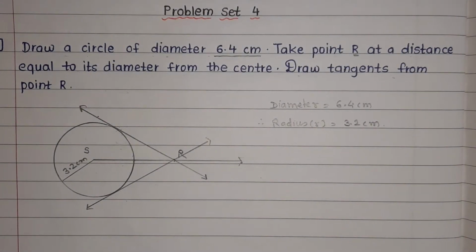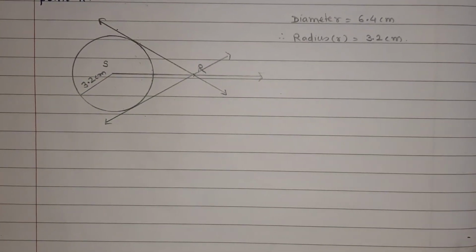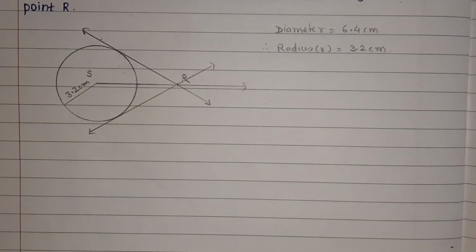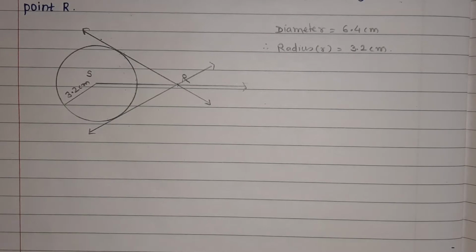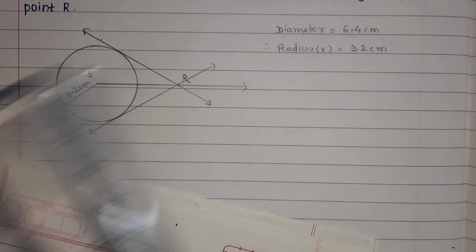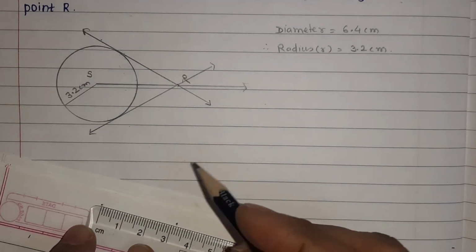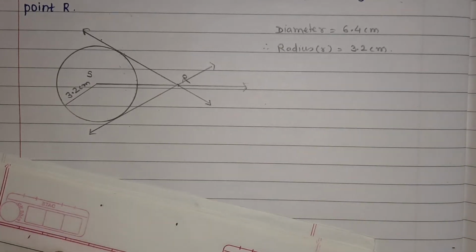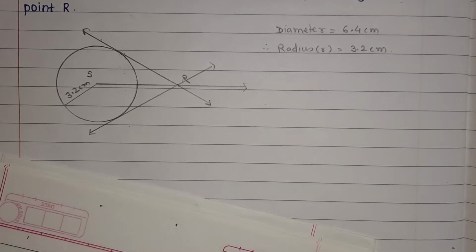Now see, dear student, first of all, radius is not given. We find out the radius and the radius is 3.2 centimeter. Therefore, first of all, we have to take a distance of 3.2 centimeter. See, here it is 0 and here it is 3.2. This much distance we have to take in a compass.